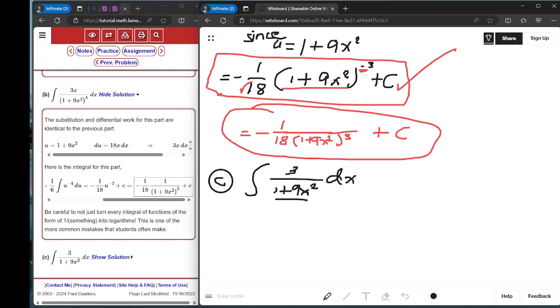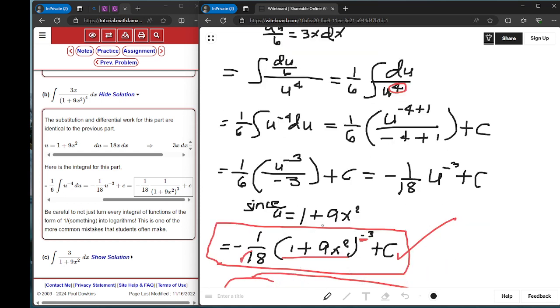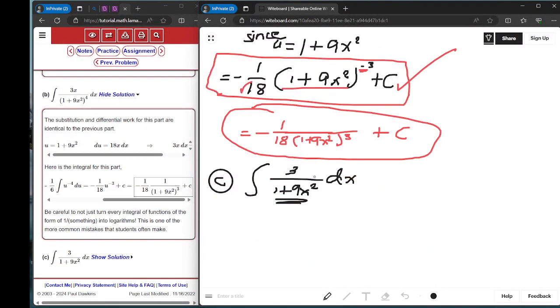Because if we let this be u, the derivative of u is 18x dx, but we don't have x in the numerator. I don't know. Oh no. Okay, so let's ask Paul about the solution.